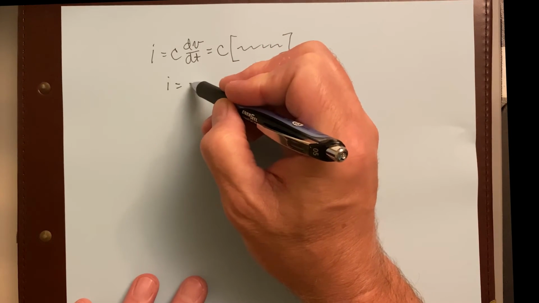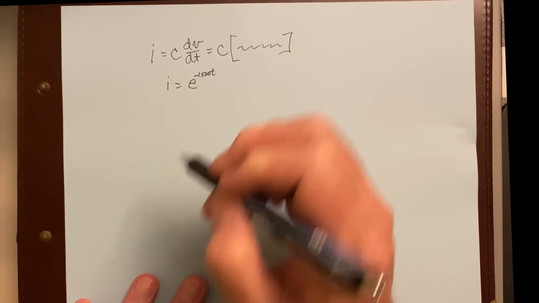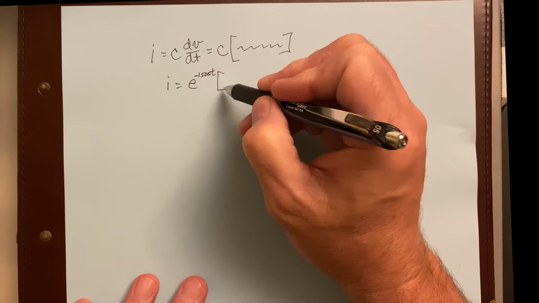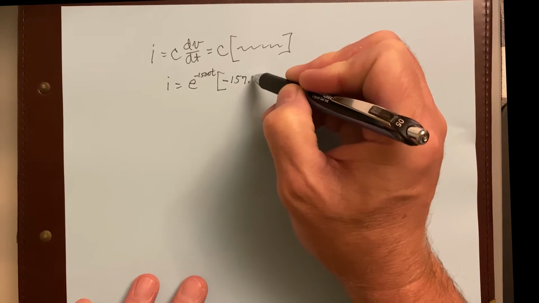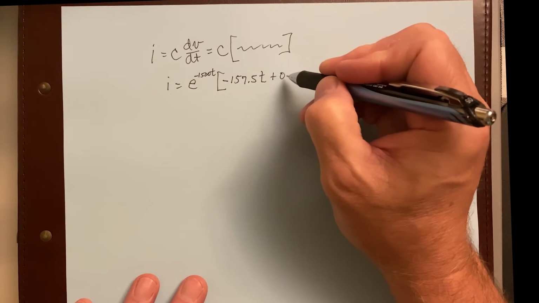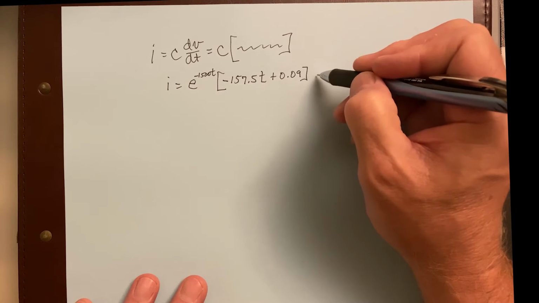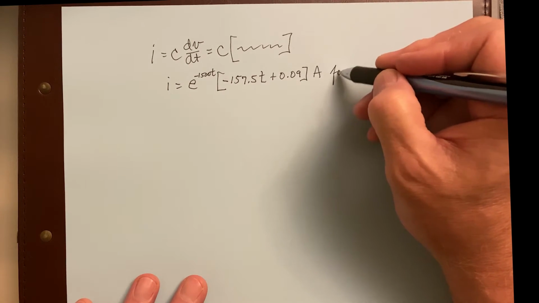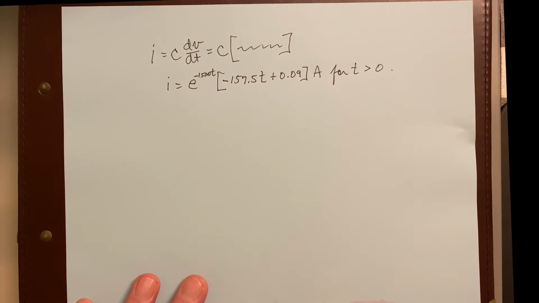After you simplify it and factor out the e to the negative 1500t, you end up with negative 157.5 t plus 0.09, and the units are amps for t greater than 0.